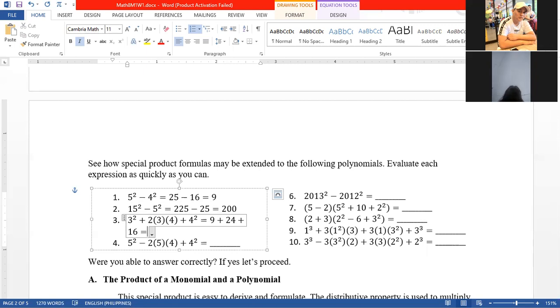So 16 plus 24 plus 9 is equal to 49. So this is how you're going to answer this one. Do you have any question? Yes, very good. If none, I will proceed.